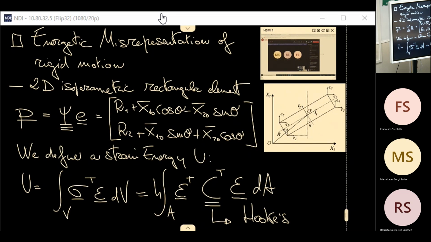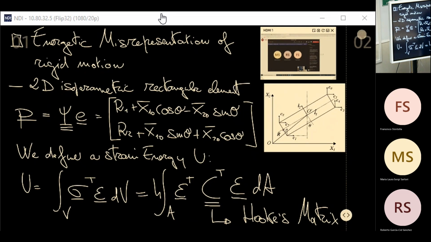Tensors are mathematical entities which represent physical quantities and possess particular properties when it comes to transformation with respect to reference frames. Even if they can look the same, they are different. So this can be Hooke's matrix. And as you can see, we have the typical quadratic form, epsilon pre-multiplying and post-multiplying. So this is the strain energy.